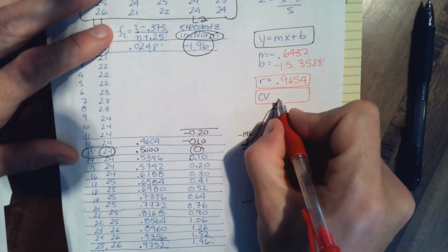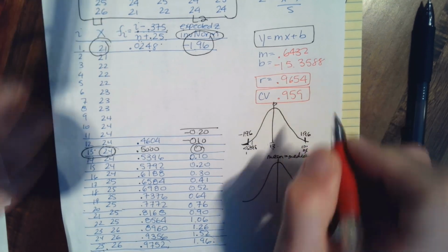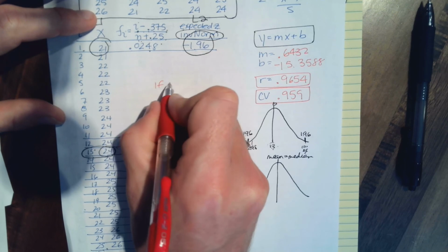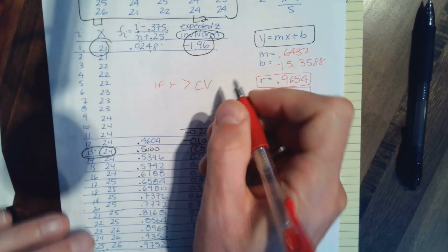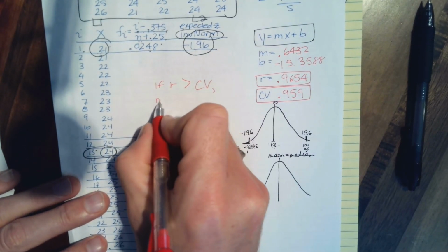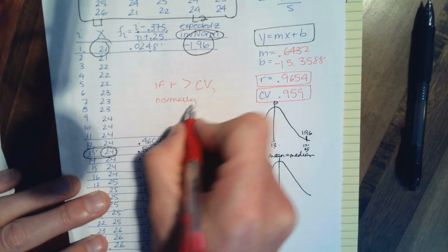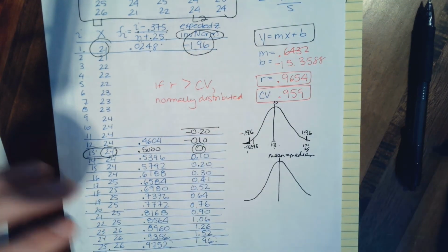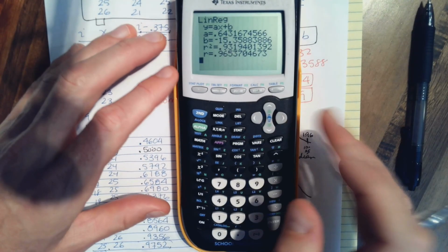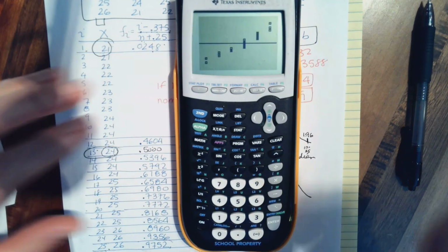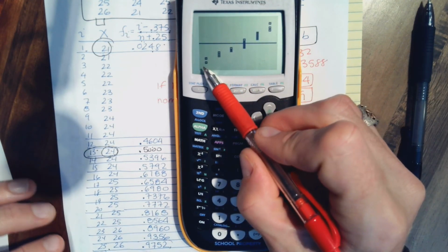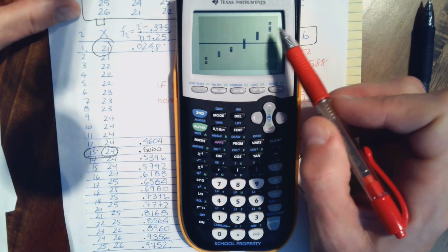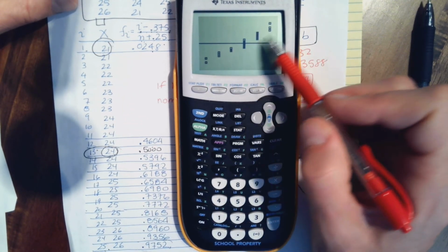So my critical value is 0.959. So if R is greater than the critical value, we say that the data is normally distributed. So again, let's go back to the scatter plot. So zoom. So the closer these are to a straight line, the stronger is the evidence that this is normally distributed.